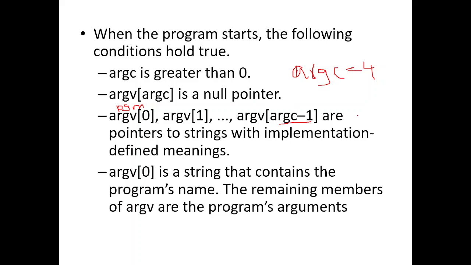These are pointers to strings with implementation-defined meaning. Even if we pass an argument like the number 1 2 3, it will be treated as a string, not as an integer. argv of 0 is the string that contains the program's name. The remaining members of argv are the program's arguments. These should be true before the program gets started.